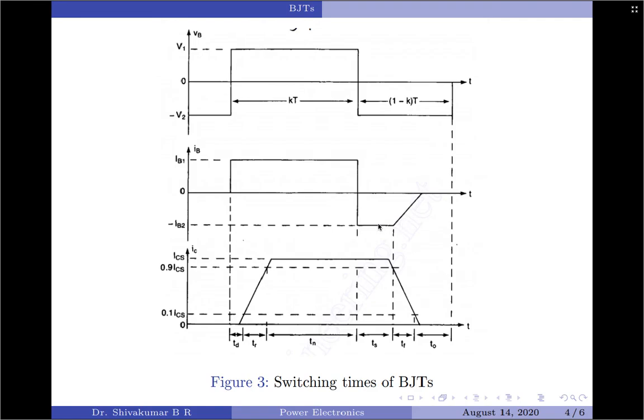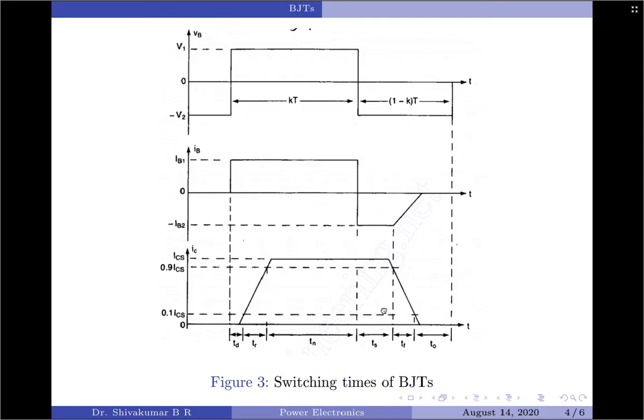Without minus IB2, the saturating charge has to be removed entirely by recombination only, and the storage time would be longer. That is why I said, by making the voltage VB go negative, the switching speed of the transistor can be improved.